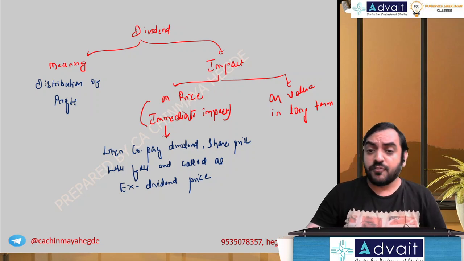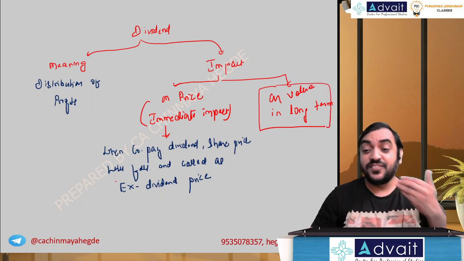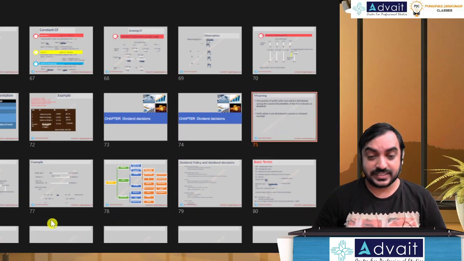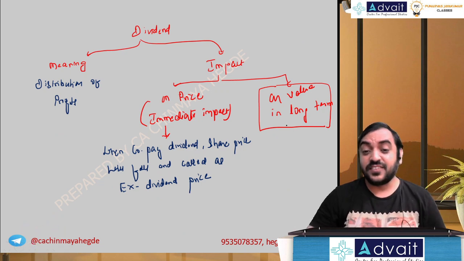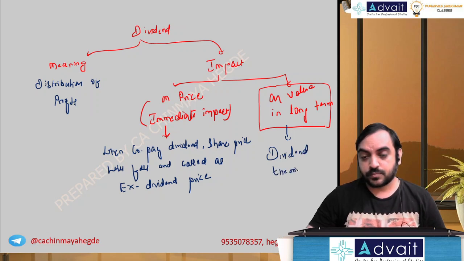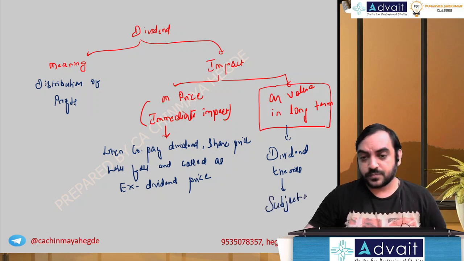So on value in the long term, we have different dividend theories, and they give conflicting answers. They give subjective opinions. Different people will tell differently.